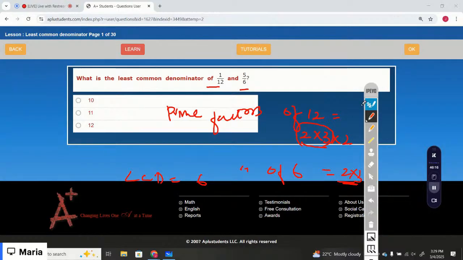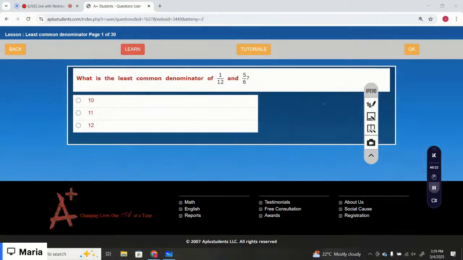Okay, the least common denominator is 12.